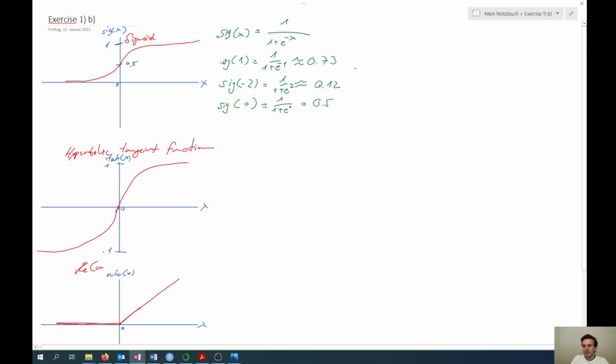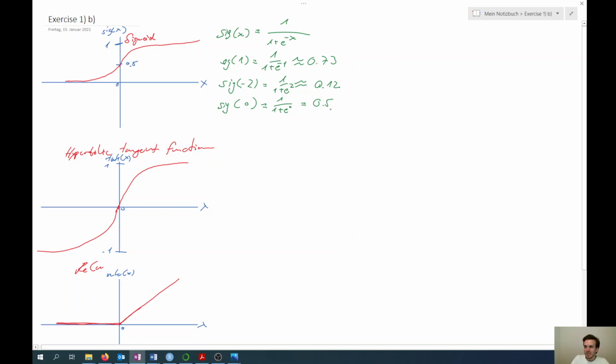And if we have this value, then we would say, well, let's put in a threshold of 0.5, and then this would be classified as 1 in this scenario, and this would be classified as 0. So in a binary classification between 0 and 1, and this would be exactly on the threshold.